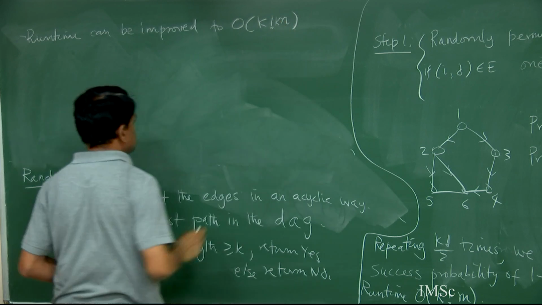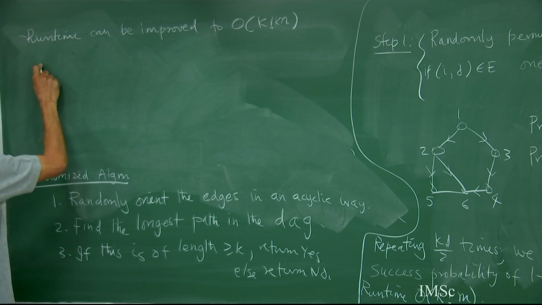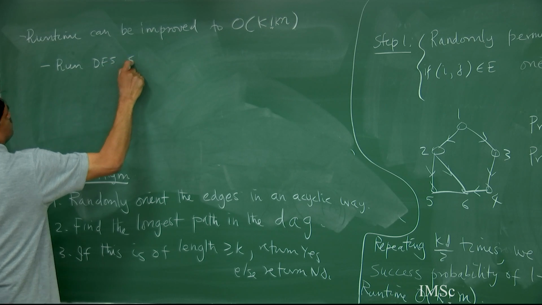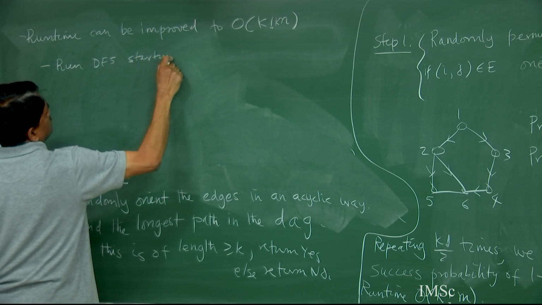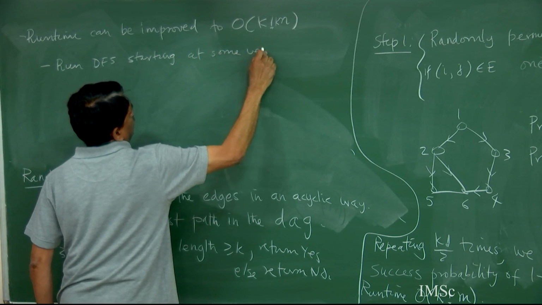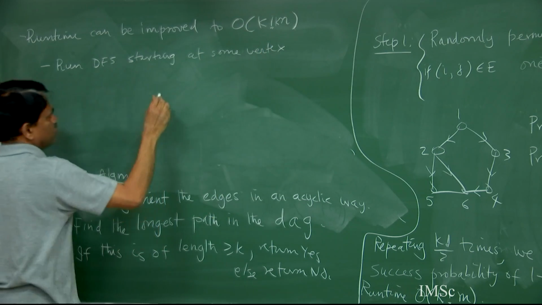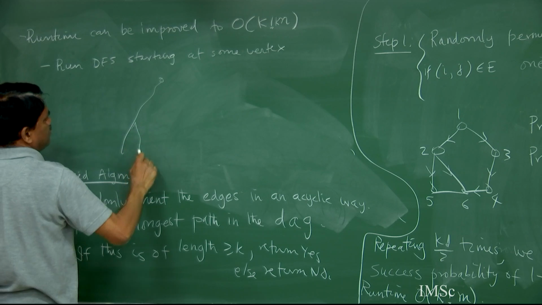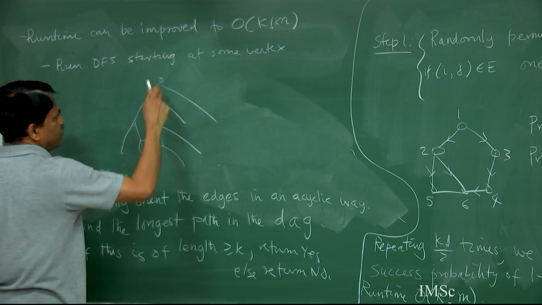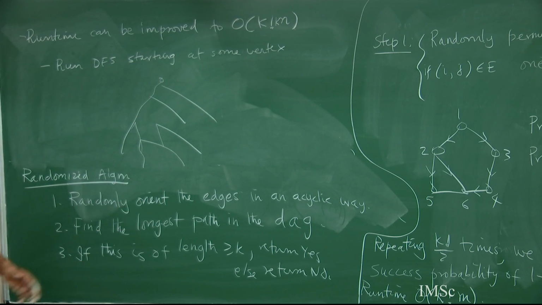What you do is run DFS starting at some vertex. The DFS goes like this, and then we come back. If at any point you get a path of length k, then you output it, because you are aiming for a path of length at least k.